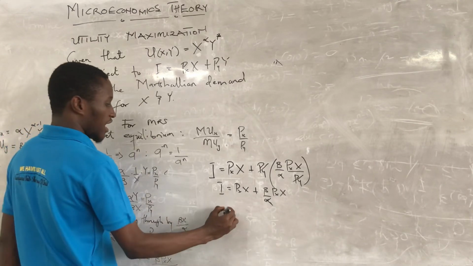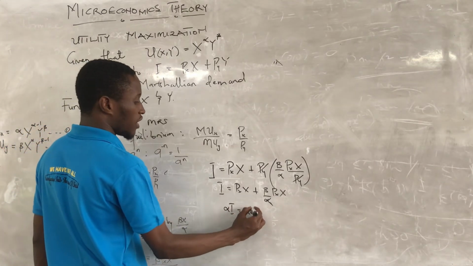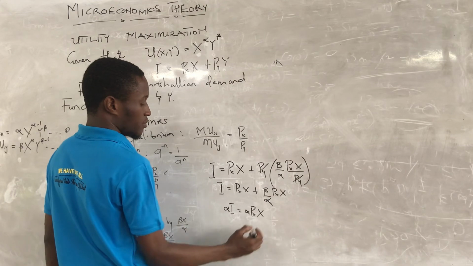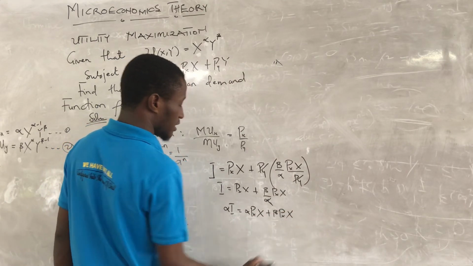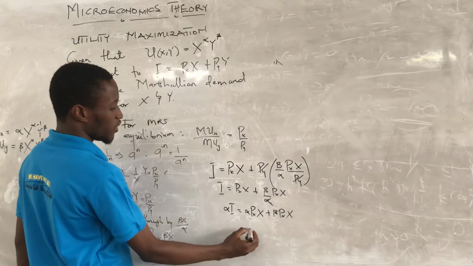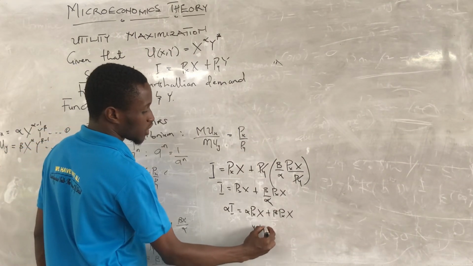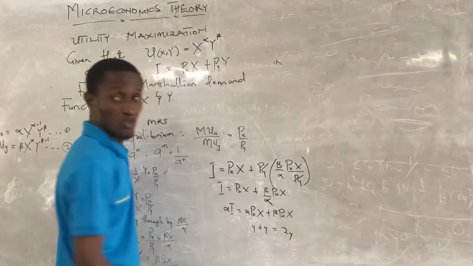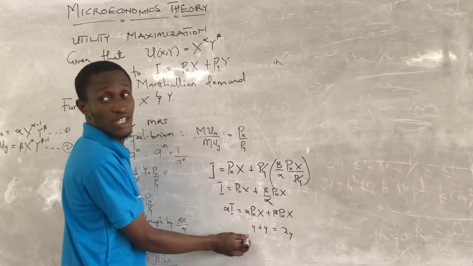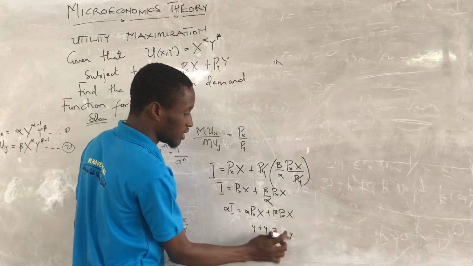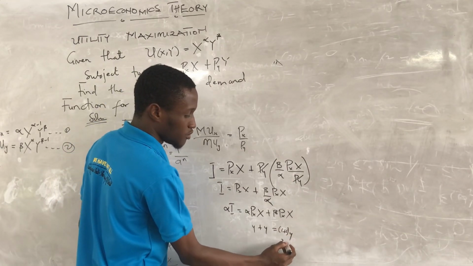So I have alpha I equal to alpha Px times x, then I'll have beta Px x. In mathematics, when you have y plus y, the answer is 2y. It's 2y because we assume that the coefficient is 1 and 1, so it's actually 1 plus 1, which gives me 2y.